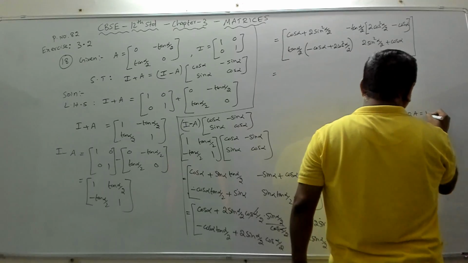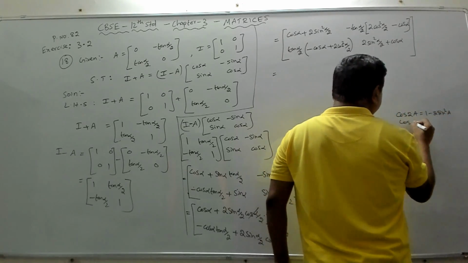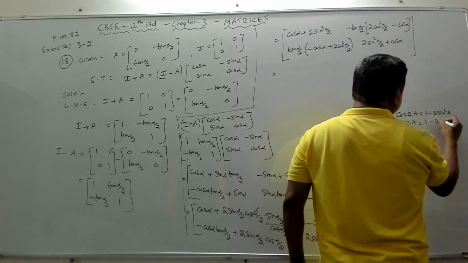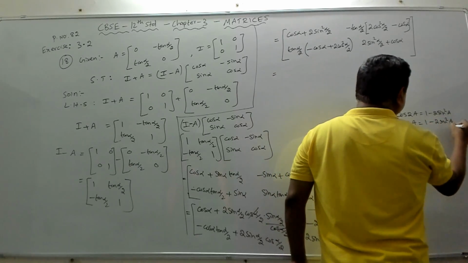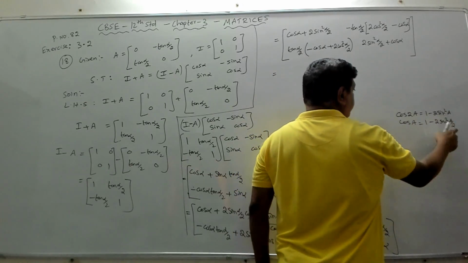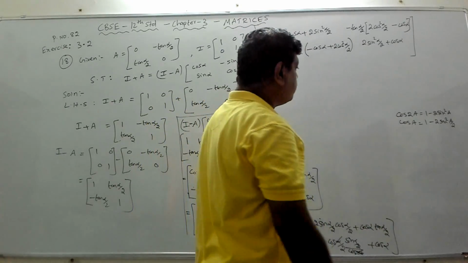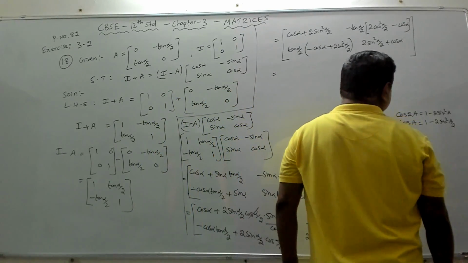Cos 2a is 1 minus 2 sin square a, which means my cos a will become 1 minus 2 sin square a by 2. If I put a instead of 2a, this a will become a by 2. All this you would have studied in your 11th standard, in the trigonometric functions chapter, right?